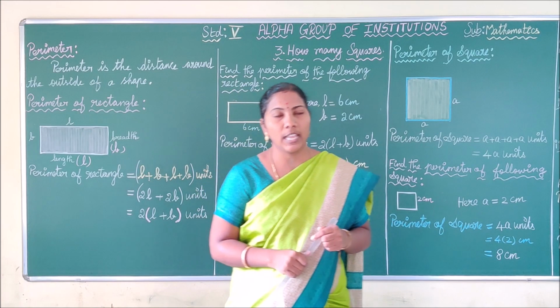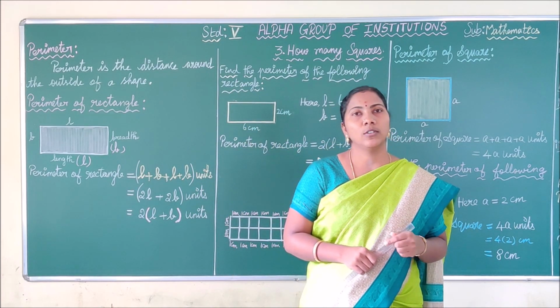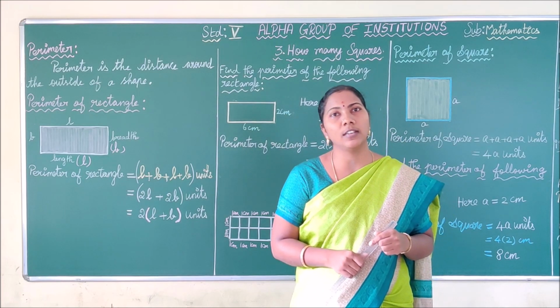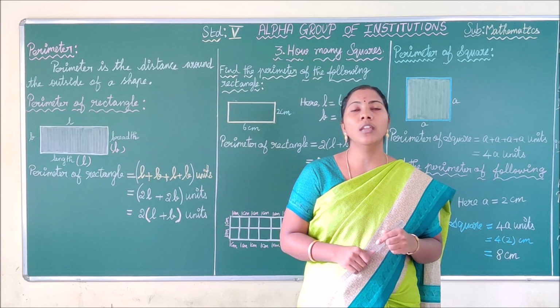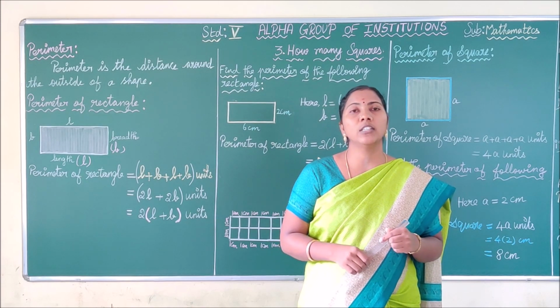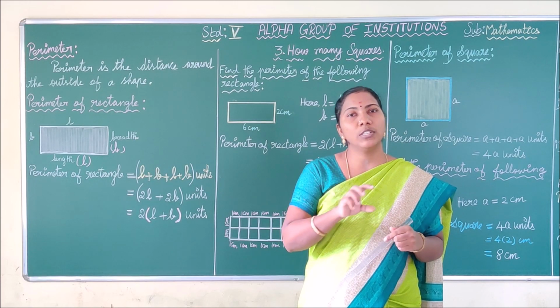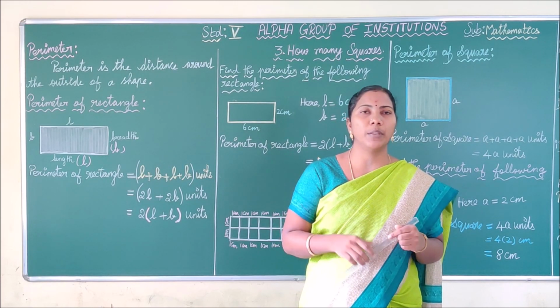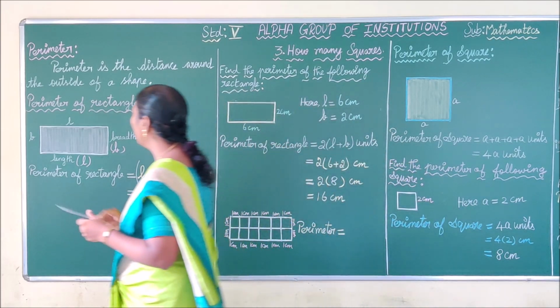Okay, in today's class we are going to learn another concept, perimeter. Do you know what is meant by perimeter, children? In Tamil we say perimeter as சுற்றளவு. The perimeter is the total length of the shape or the total length of its boundary. Let us define the perimeter: see the board, children.